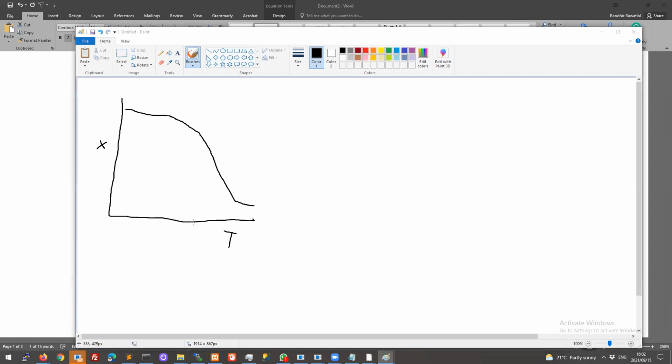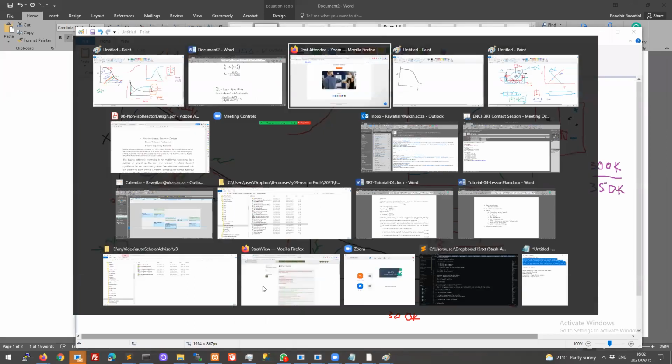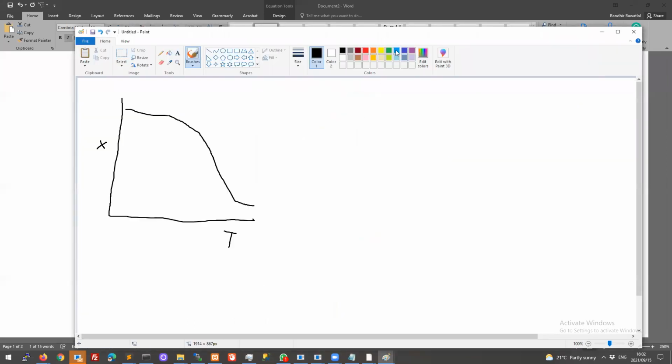And then if we set a low value for R_A net, so in fact, you can think of this equation as a generalization of the equilibrium equation, because if you just set R_A net to 0, then you get your equilibrium equation. Now let's set a small value for R_A net. If we set a small value, then that's going to get us close to the equilibrium line. So that's going to define a line that looks like that.